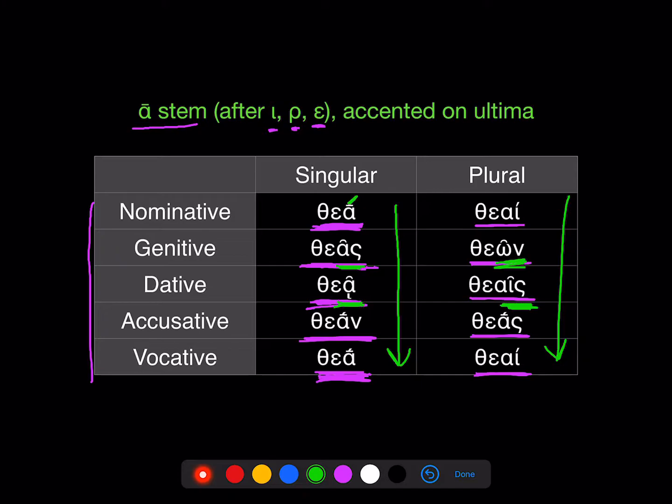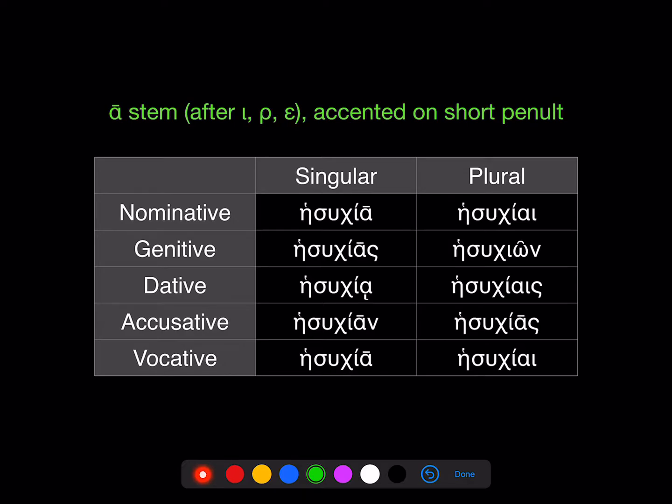Now we're going to look at another first declension noun that's just a tiny bit different. And this is hesukia. Okay, so it's again a long alpha stem. You can see that long alpha ending on the nominative singular. The difference with this one is just a difference of accentuation. So when you memorize this noun, you learn that the accent wants to be there above the iota. So it's accented on its penult, its second to last syllable, which happens to be short.